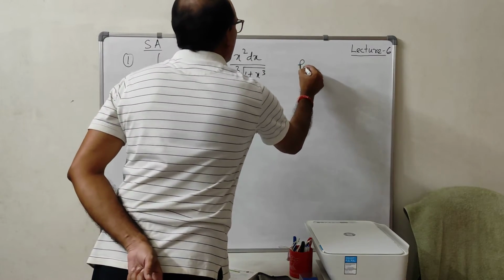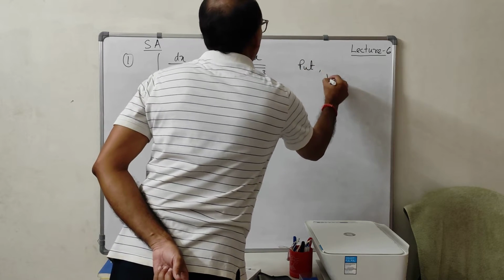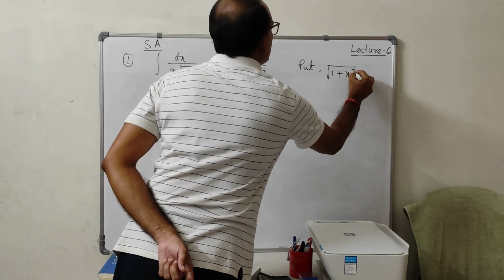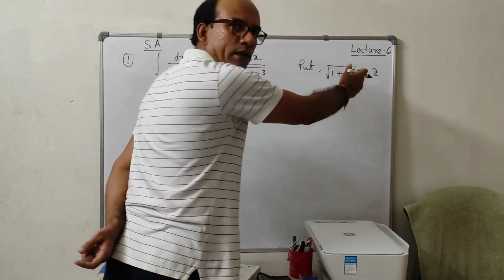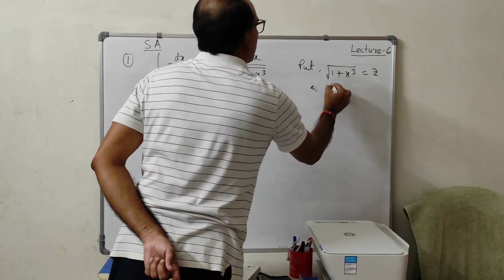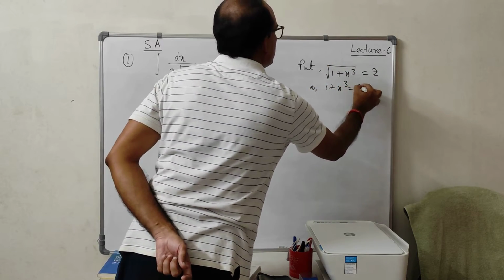Next, put root over of 1 plus x cube as a new variable z, or 1 plus x cube equals z square.